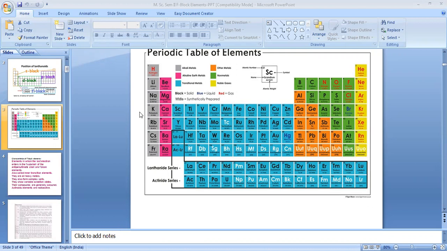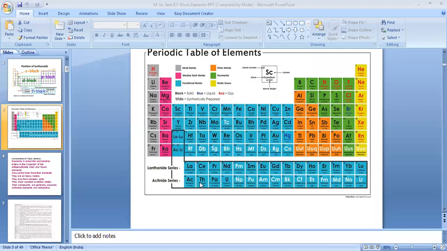Here these are known as periods. So first period, second, third, fourth, fifth, and sixth. So the sixth period, and this is the third B group of the periodic table. So the position of lanthanides is sixth period and third B group. You should remember this, sixth period and third B group.